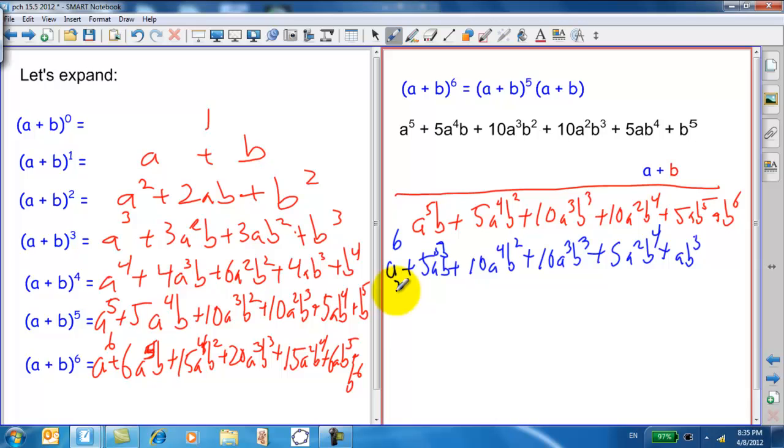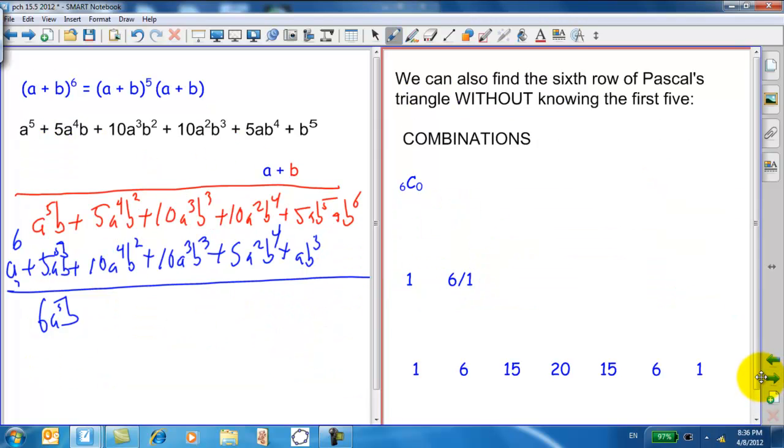And you can see now, when we add these up, see how these like terms came from two different sources. The a to the fifth b term came from multiplying this one by b, but this one by a, and this first term by b. So to get the next term, that's why you add these two, the coefficients in front of these two, 1 and 5, to make 6, a to the fifth b, and so forth. Hopefully you see why Pascal's triangle works now.